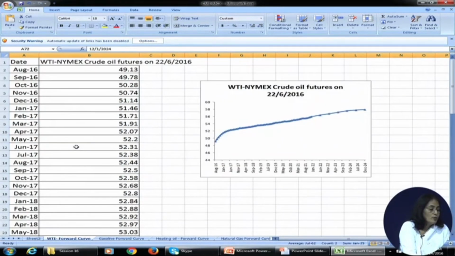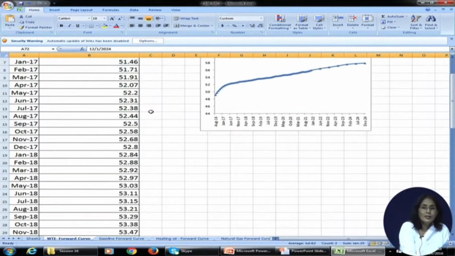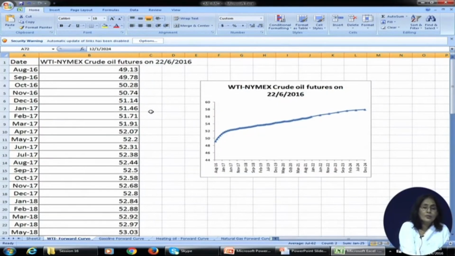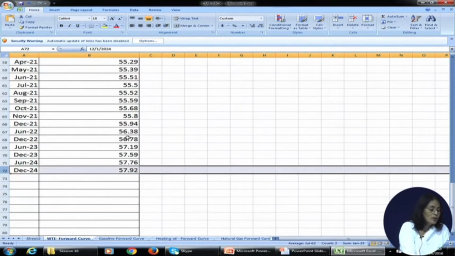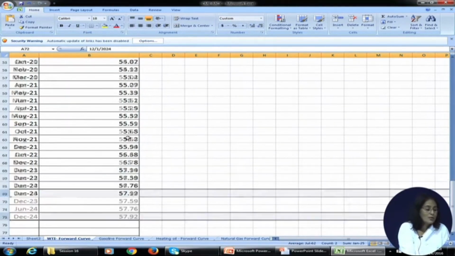Of course, I don't have the volume traded. Normally near month contracts will have a higher volume traded compared to the far month contracts. But the fact that the price is available means that day before yesterday, all these contracts traded. So on 22nd June 2016, contracts maturing in August 2016 to contracts maturing in December 2014 traded.